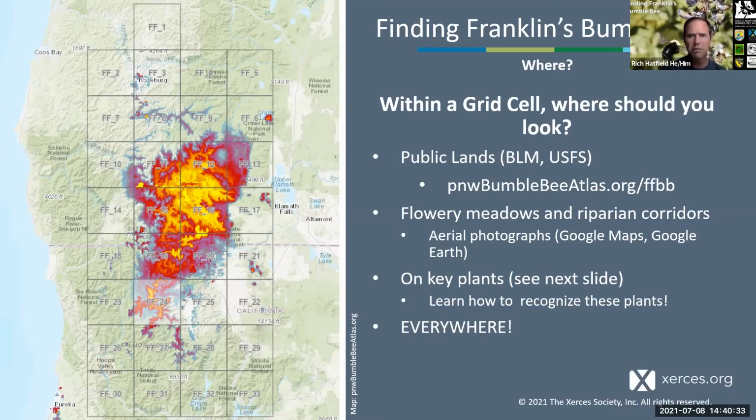Likewise, you can change the base map of that map, and I'll show you how to do that as well, so that you can look at aerial photography and look for open spaces and open meadows. And then I'll also run through, in a minute after I show you the website, a pictorial of some of what we believe are the key plants for this species.